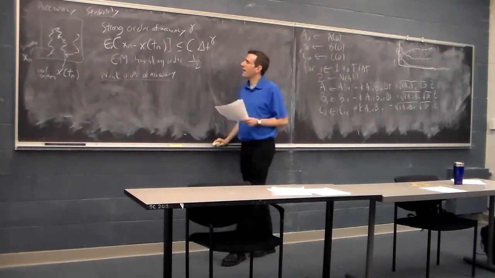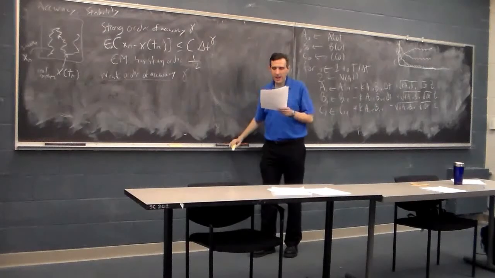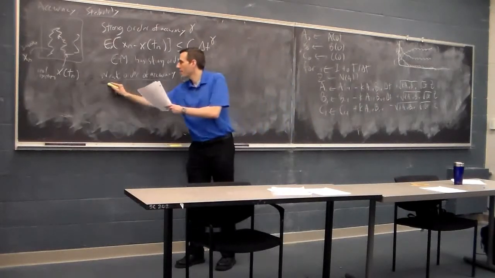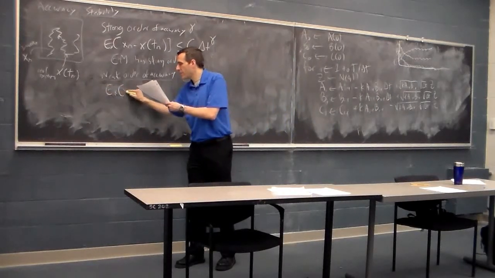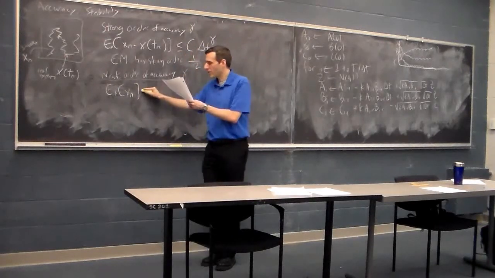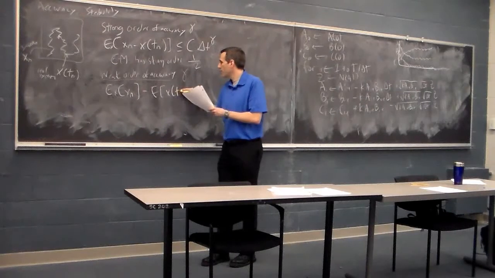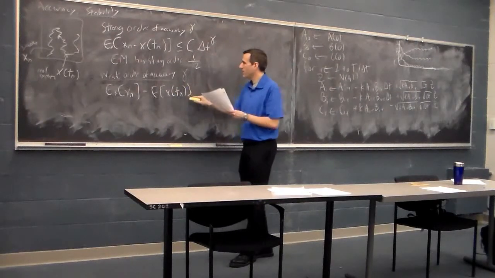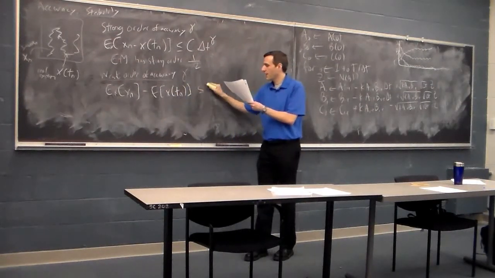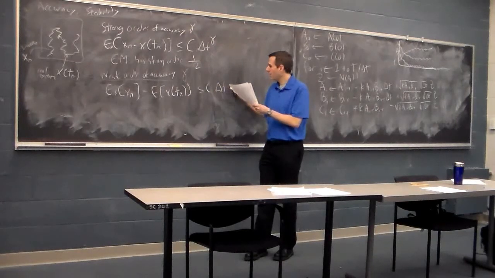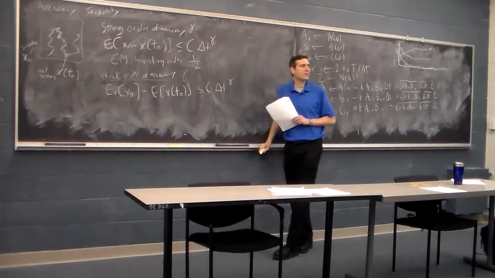And the weak order of accuracy is defined to be gamma if the following is true. If |the expectation of the simulation x sub n minus the expectation of x of t sub n|, so the expectation of the real process, is less than or equal to c delta t to the gamma.